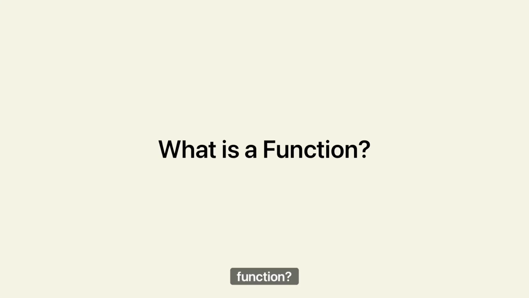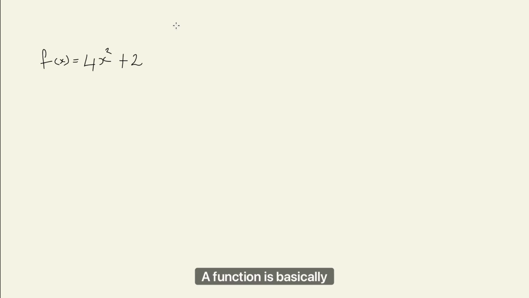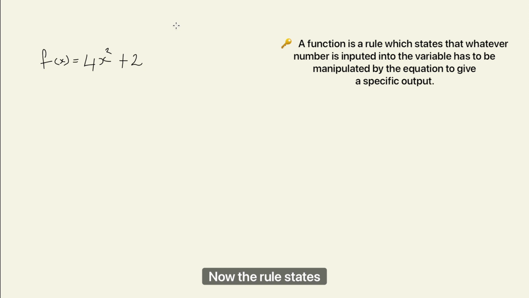So, what is a function? A function is basically a rule. Now, the rule states that whatever number is inputted into the variable has to be manipulated by the equation to give a specific output.